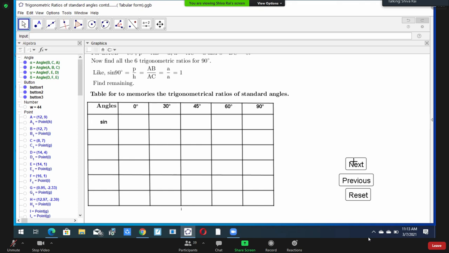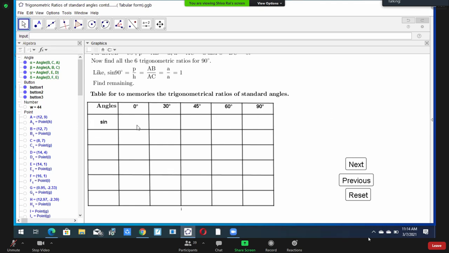In that case, we have to find sine 0 degree equal to, look here, 0 upon something, 0 upon something means 0. Like this, 0 upon something is 0. So look here.